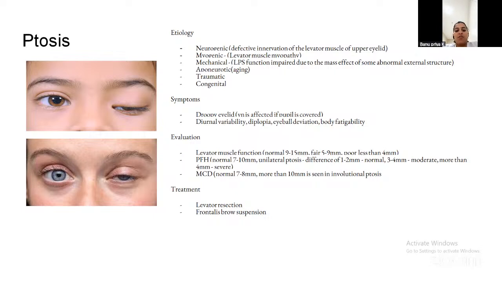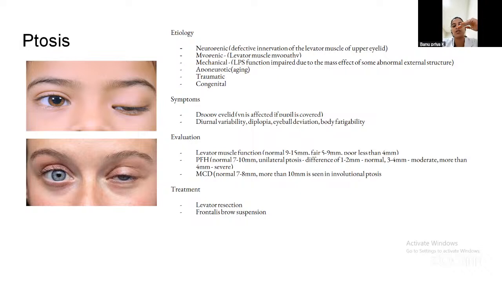In ptosis evaluation, we check the function of the levator muscle. For this, the examiner keeps a thumb over the patient's eyebrow and asks the patient to look down. We mark the position of the upper lid.